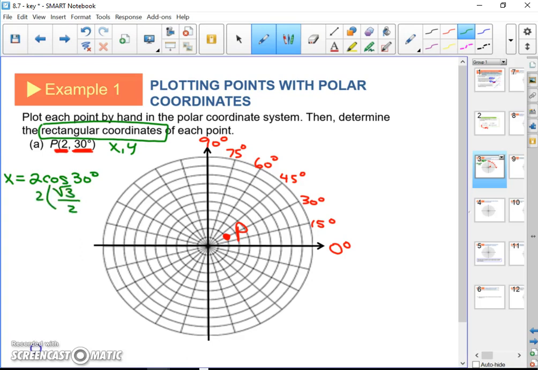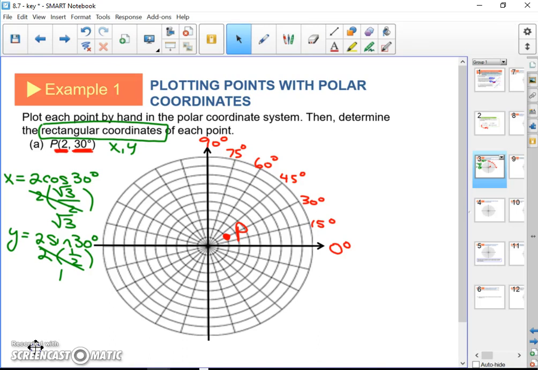Good. So we have 2 times square root of 3 over 2 is just square root of 3. That's the x part. And then if I want to find the y part, it's going to be 2 sine 30. What's sine 30? 1/2. Very good. 2 times 1/2 is 1. And that's your y coordinate.